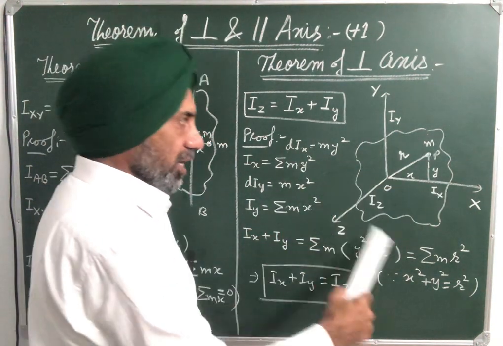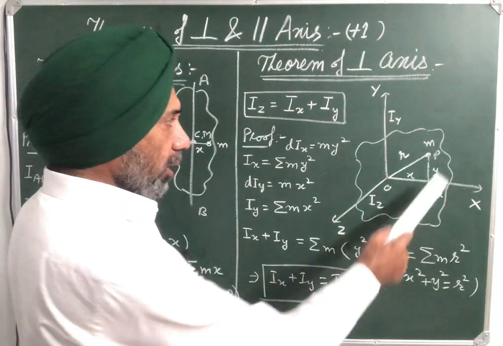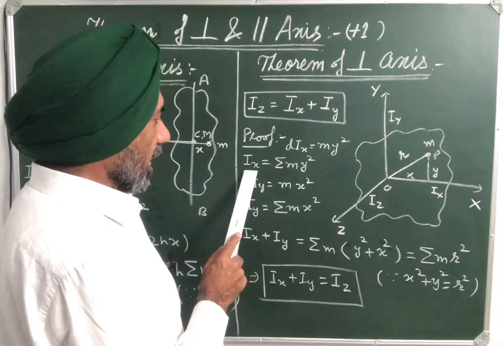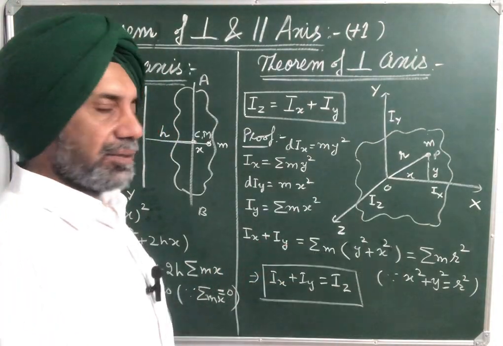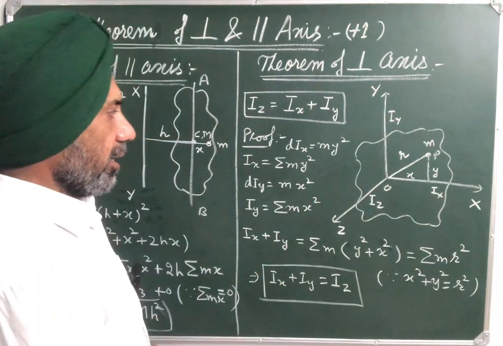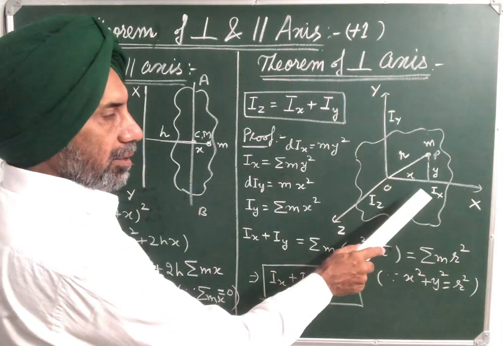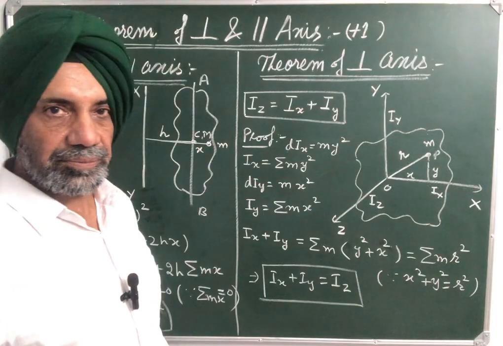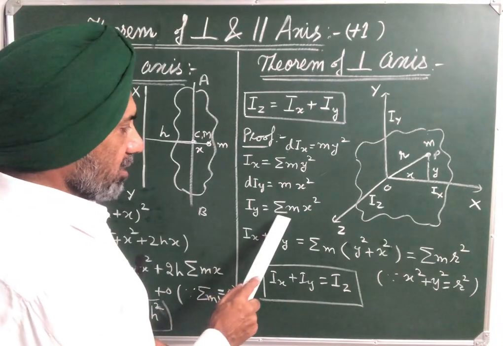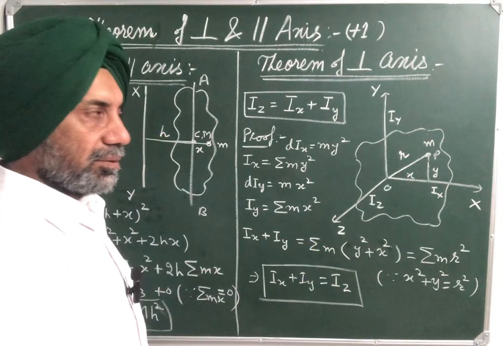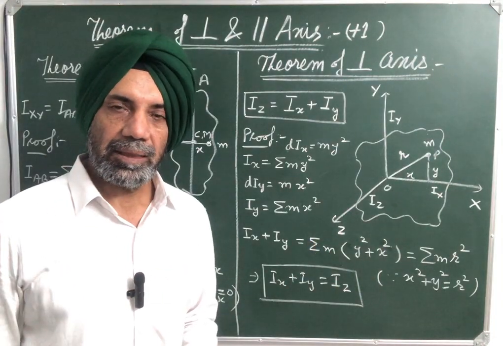Therefore, the total moment of inertia of the whole lamina about the x-axis is given by Ix equal to summation m y square. Similarly, the total moment of inertia of the plane lamina about the y-axis is given by Iy is equal to summation m x square, because x is the perpendicular distance of this mass m from the y-axis.